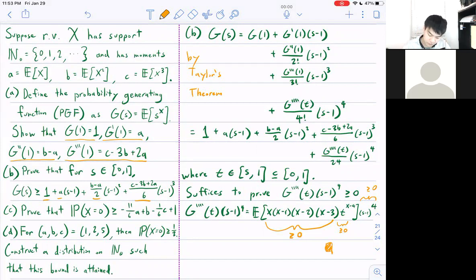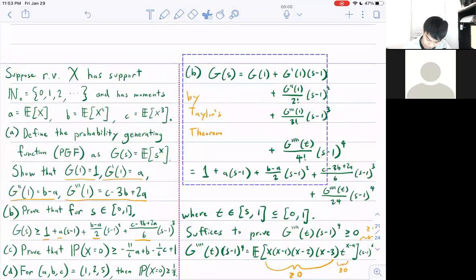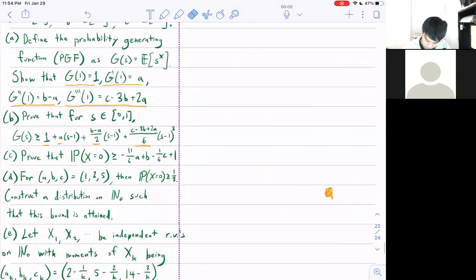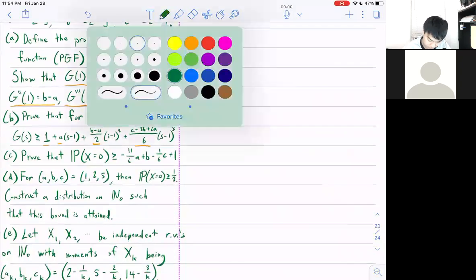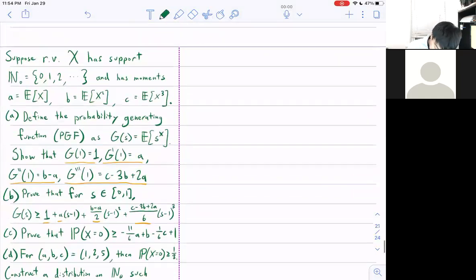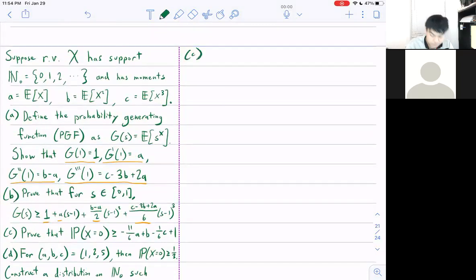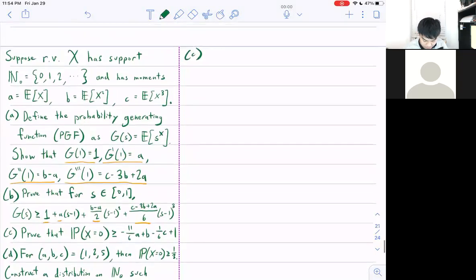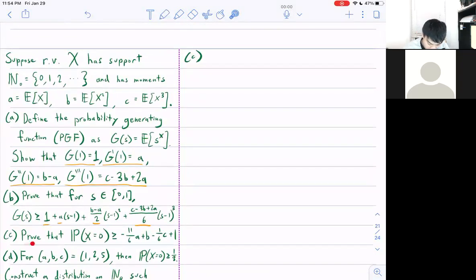Cool. So we'll keep on moving to part C right now. All right. So for part C, we want to prove that the probability of this discrete random variable equaling 0 satisfies this inequality.